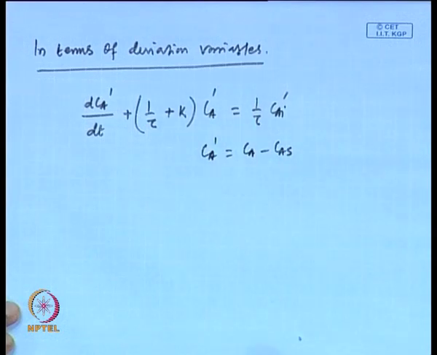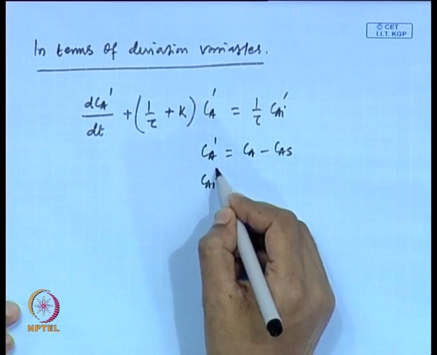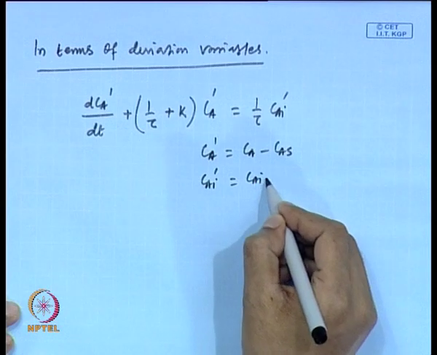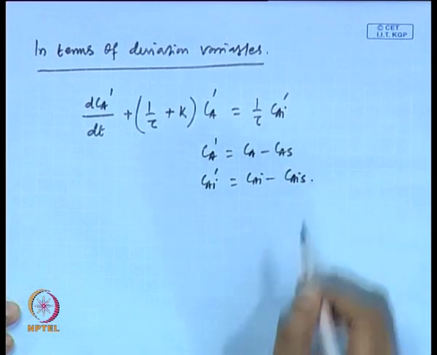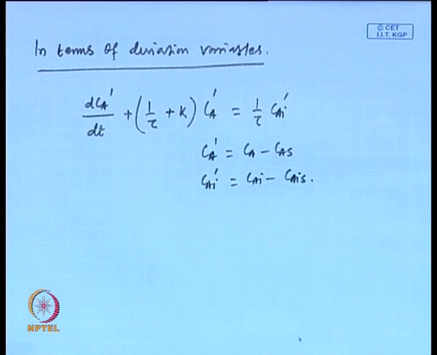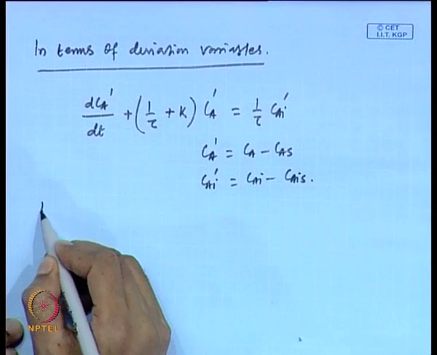This will be the model equation in terms of deviation variables, where CA prime is CA minus CAs and CAi prime is CAi minus CAis. To get the transfer function, we need to take Laplace transform. Take Laplace transform of this equation.